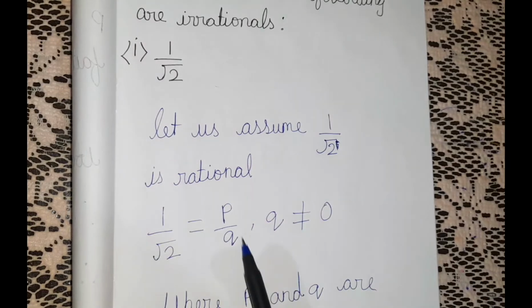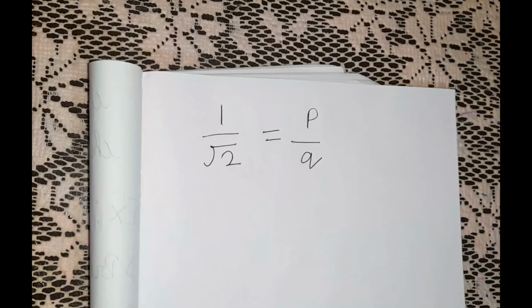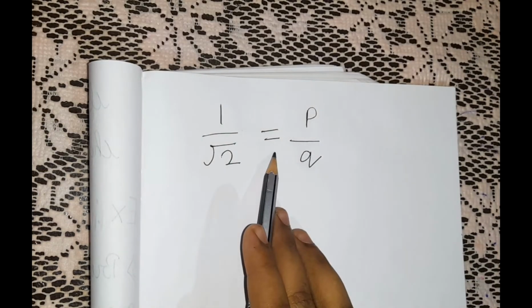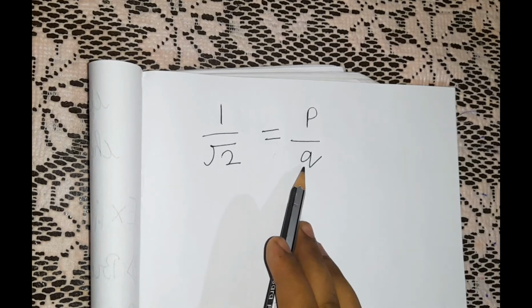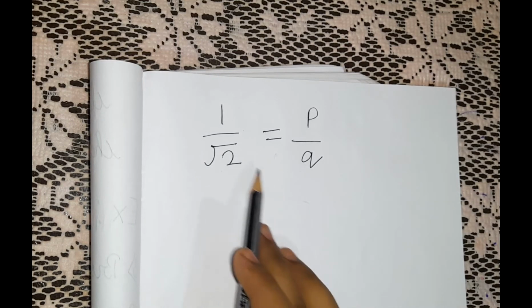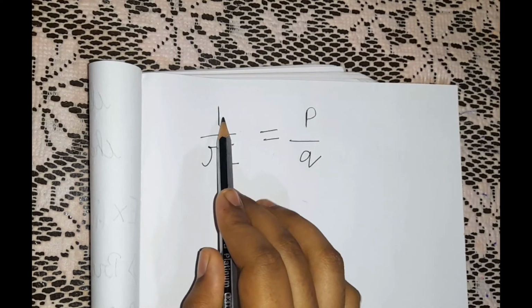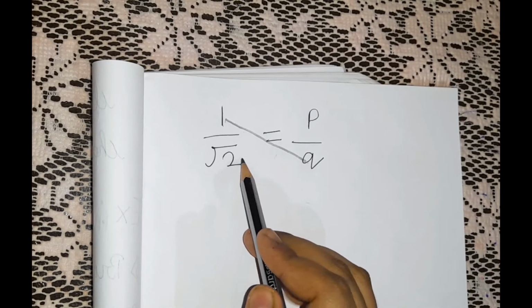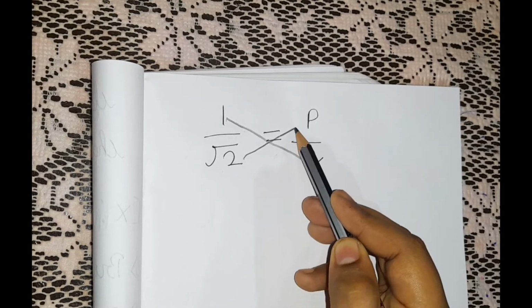Now we shall write this form, that is 1 by root 2 is equal to p by q. So now we wrote 1 by root 2 is equal to p by q. After writing it, now we shall cross multiply it. We are going to be cross multiplying 1 into q and root 2 into p.